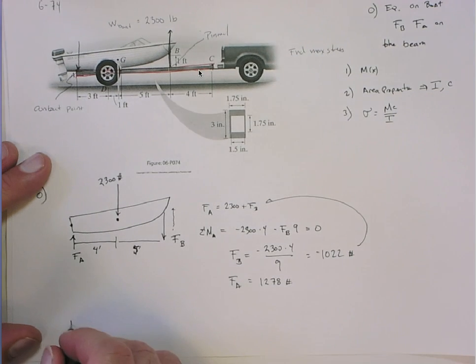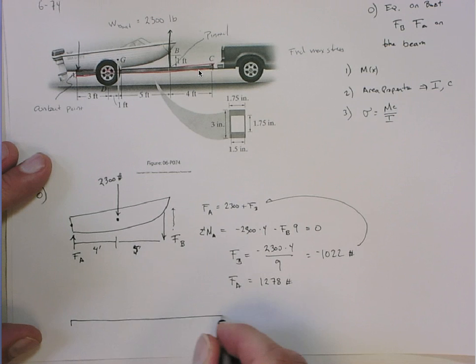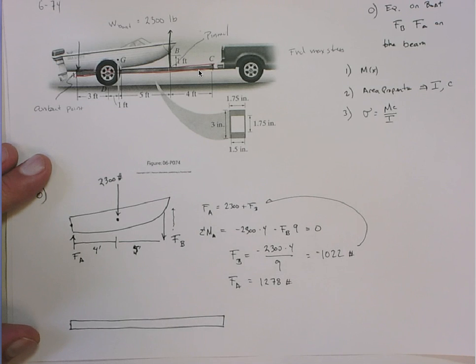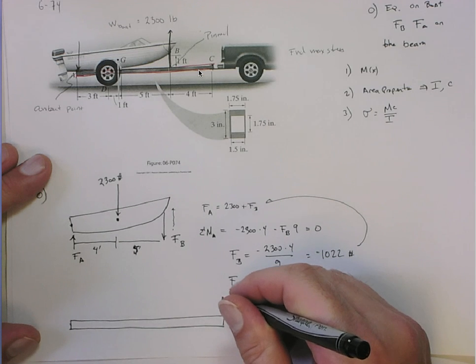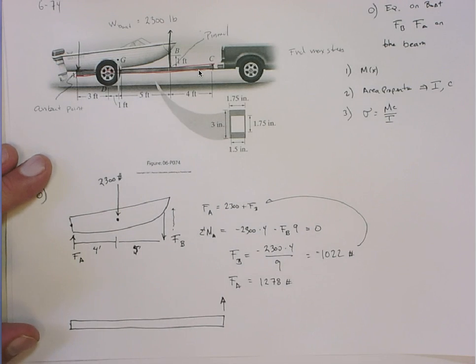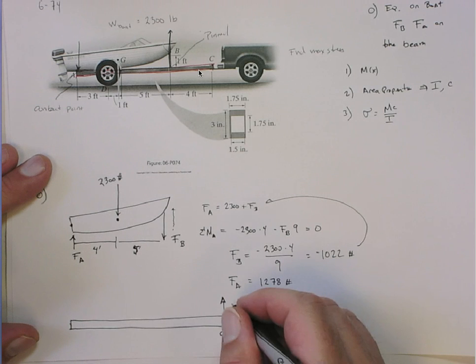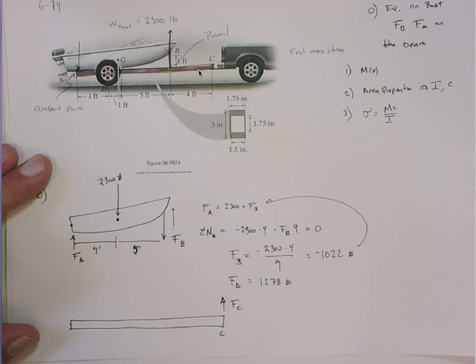Okay, so here's the actual beam that we're designing. Okay, so we have an unknown reaction force at the trailer hitch, point C. We'll call this force C.